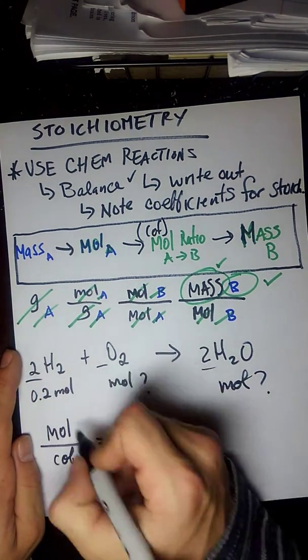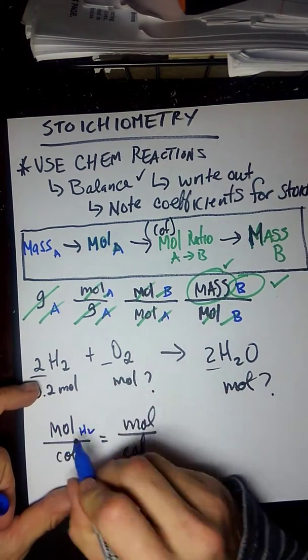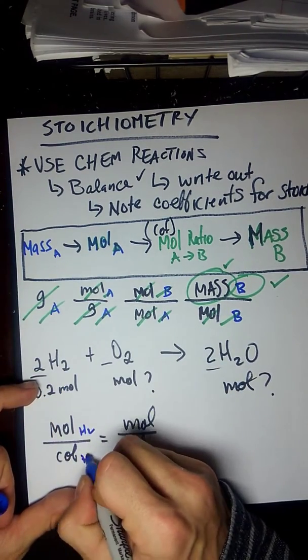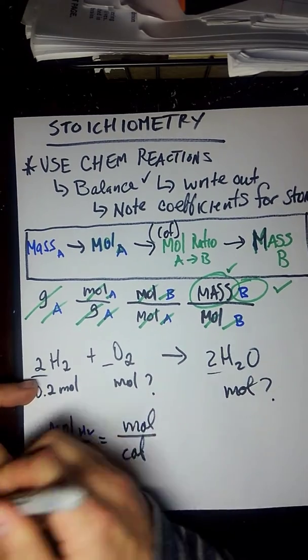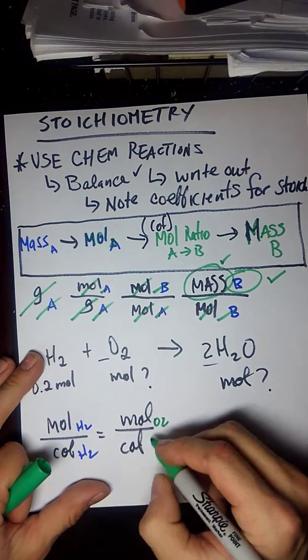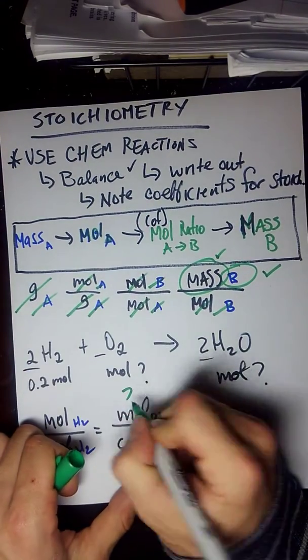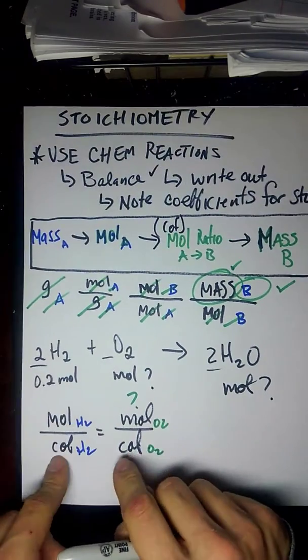So in this case, I could actually write this out. I could say moles of H2 over the coefficient of H2, and then I want to find the moles of O2, and I have the coefficient of O2. So what I'm solving for really is this, and I'm given all these.